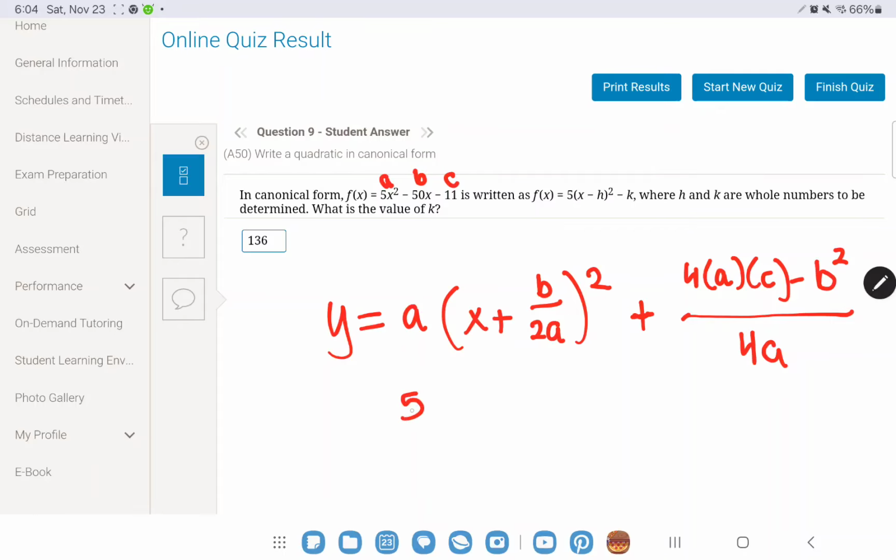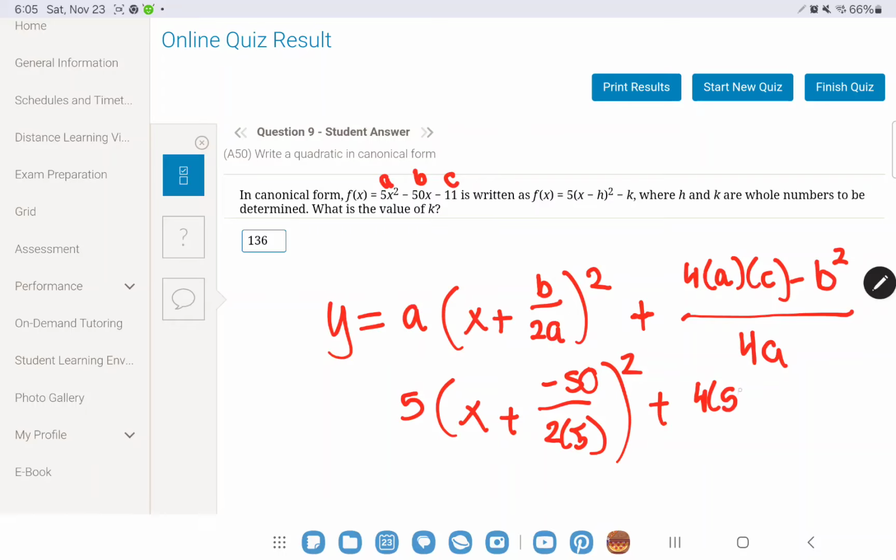So you're gonna put 5 into x plus negative 50 over 2 times 5 squared plus 4 into 5 into negative 11 minus 50 squared over 4 times 5. All this in your calculator, you're gonna get 136 to be your answer.